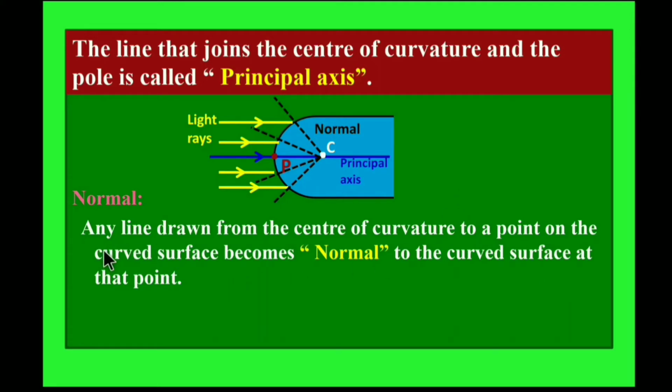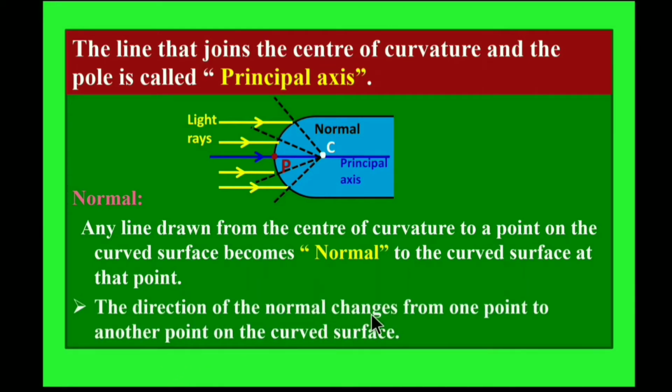So if you see here, to this curved surface we can draw any line from the center of curvature C, and that line we can consider as normal.